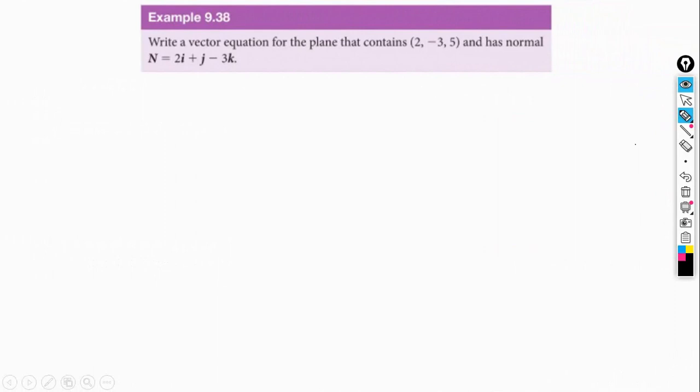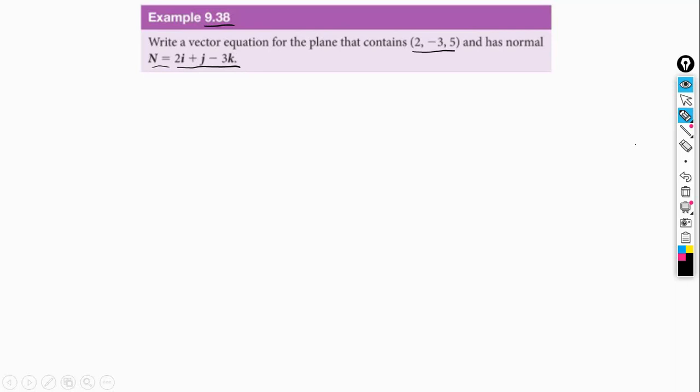So we continue with example 9.38, and it says, write a vector equation for the plane that contains the point 2, negative 3, 5, and has a normal n equal to 2i plus j minus 3k. So this is the same that we used previously for the Cartesian equation of the plane, but now they want us to find the vector equation.